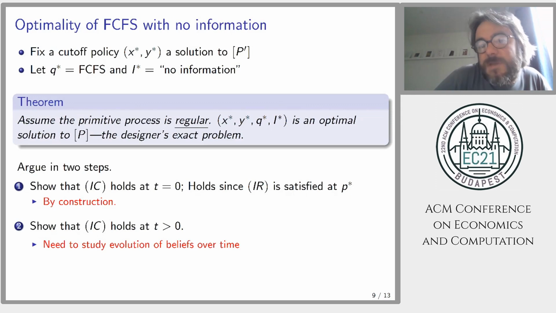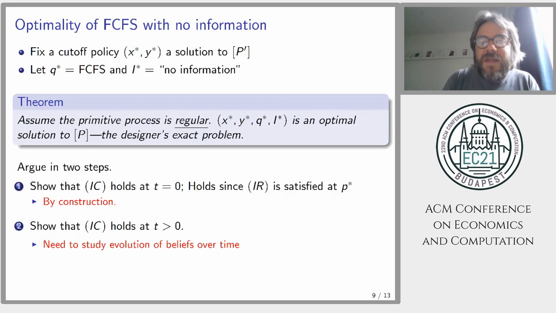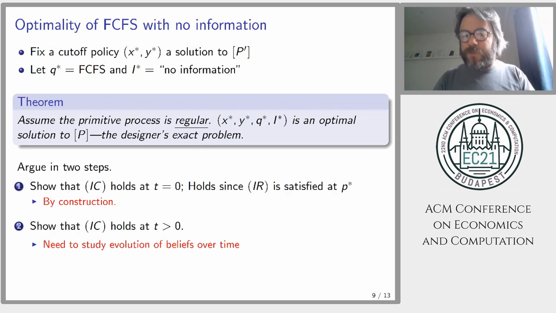We provide an explicit solution to the designer's exact problem. So let X star and Y star be a cutoff policy which solves the relaxed problem. We know it exists by the previous result.